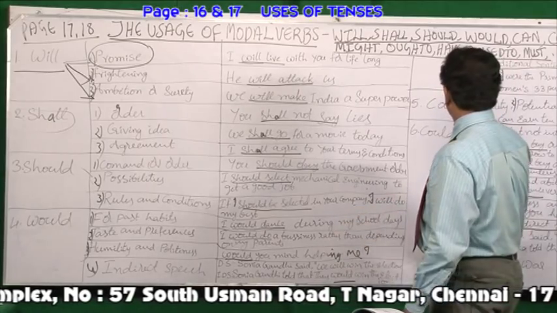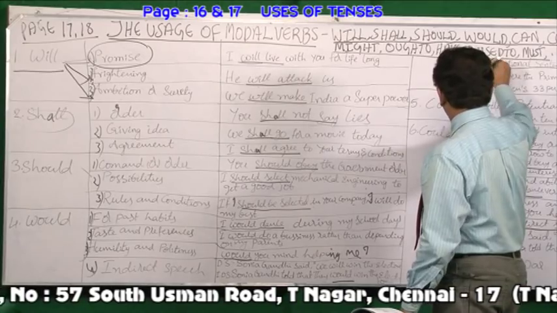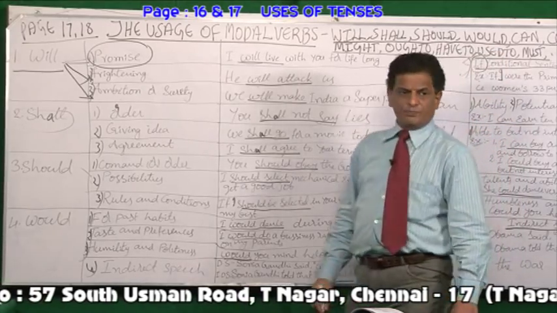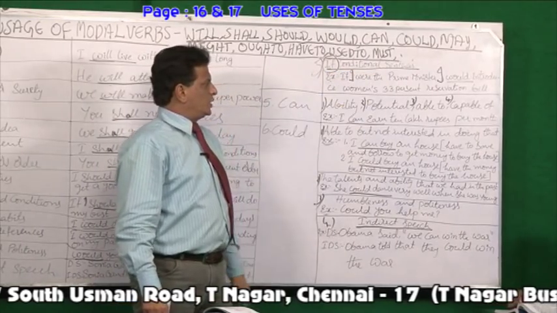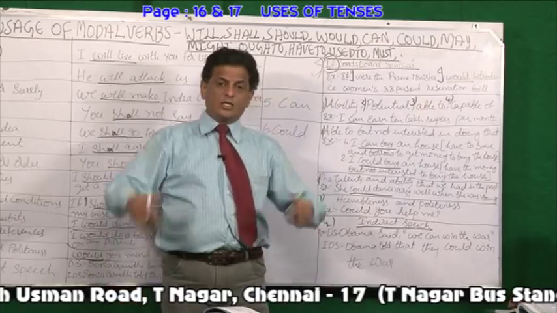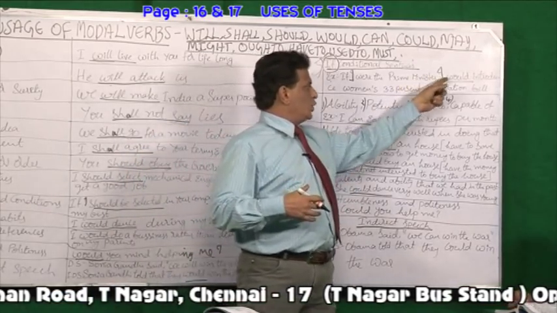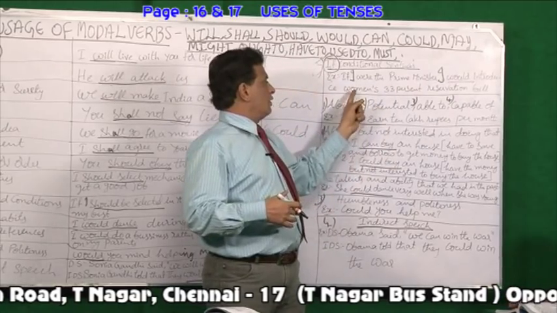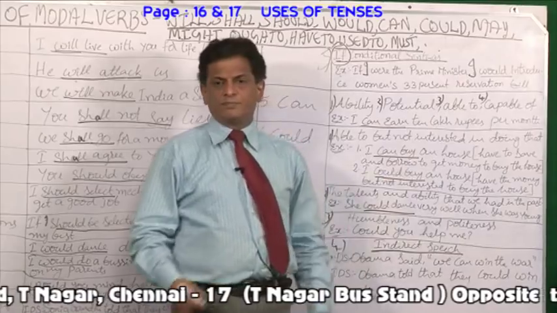So, would is used in how many places? Here 4 places. Number 5th place is the if condition sentence. If conditional sentences you are using would. If I were the Prime Minister of India, I would introduce women's 33% reservation bill.